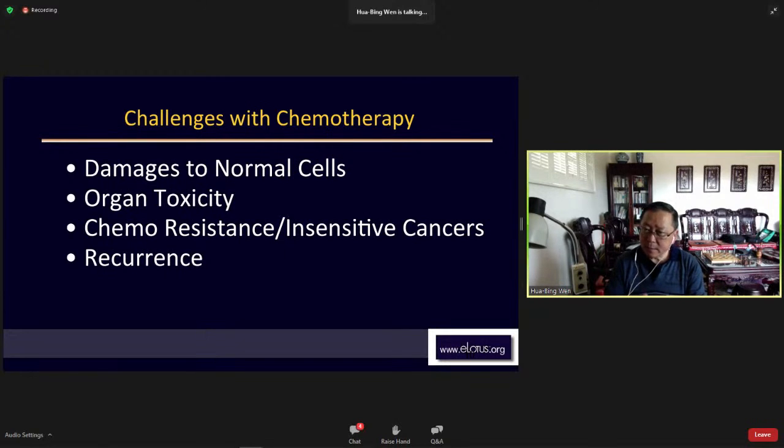Second round, not much, a little bit of improvement. Round 3, no change at all. When you hear that, it basically means they have already hit a condition called multiple drug resistance, the term used to describe chemo resistance.